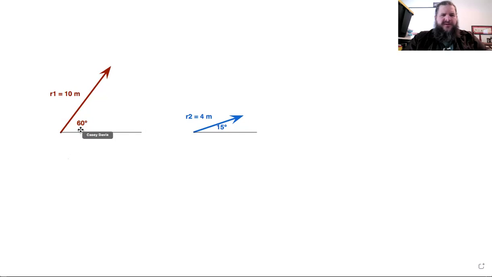And if you want to take these vectors and add them together, if we wanted to write out r1 plus r2, by the way, formally the notation should have a little arrow or sort of a half arrow written over each one of these.